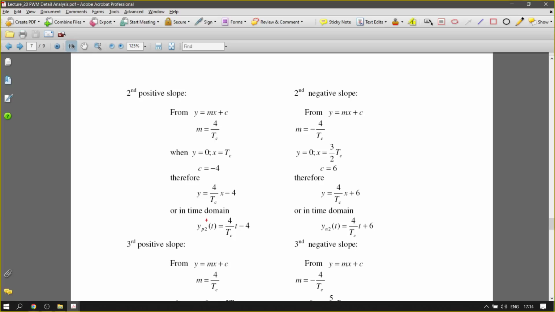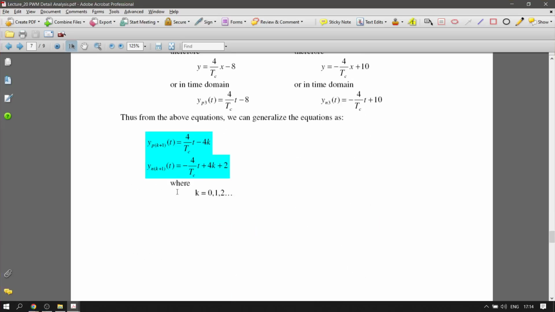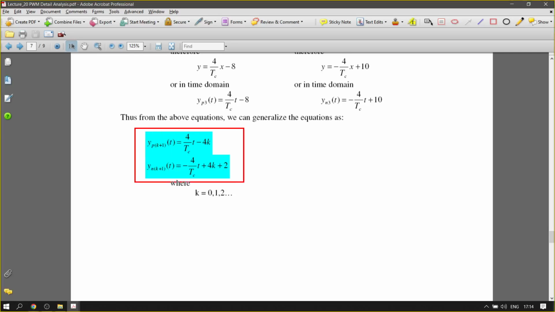You akan dapat ini, you akan dapat ini, and go further, and finally you can generalize. Generalize the equation, you akan dapat ini. y_p(k) part 1 equals to 4 over T_c t minus 4k. And then for the other negative slope, it is minus 4 over T_c t plus 4k plus 2.